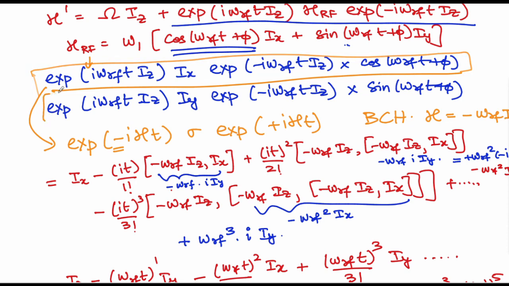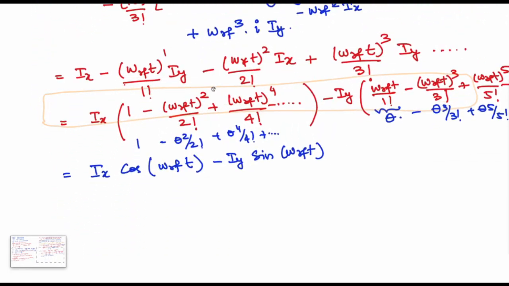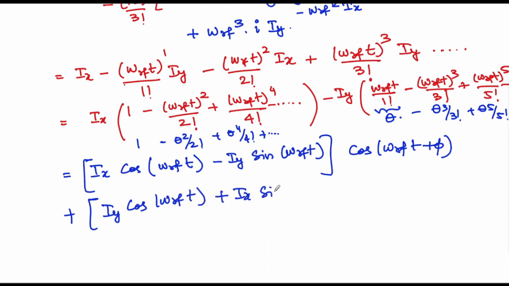So whatever we have done so far is just looking at the first term here. If you repeat the calculation for the second term, which I strongly urge you guys to do, I'll write the solution directly for this. The second term, because this had a multiplication with cos omega RF t plus phi, then you had a sine part plus Iy cos omega RF t plus Ix sine omega RF t times sine of omega RF t plus phi.